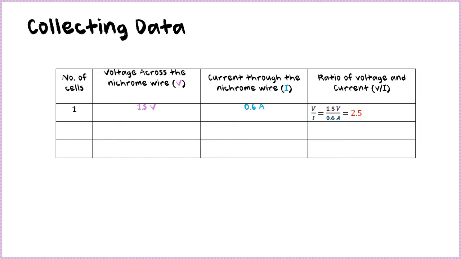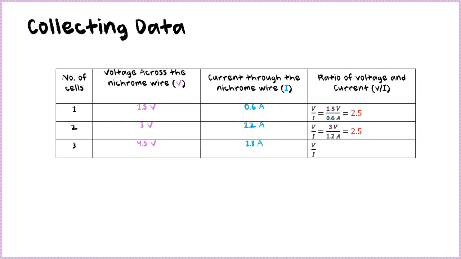As we add the number of cells, making it 2, we have 3 volts across the nichrome wire. Our current now flowing through the nichrome wire is read as 1.2 ampere. And again the ratio is equal to 2.5. As we add again, making it 3 cells, the voltage is now 4.5 and our current is 1.8 ampere.